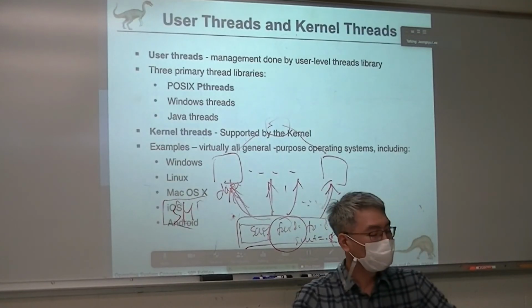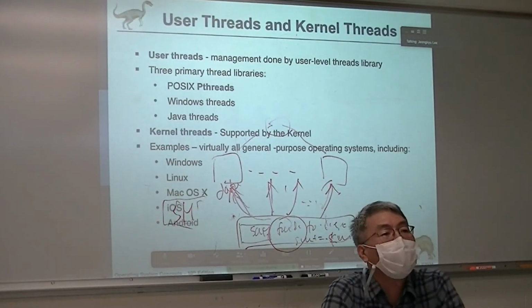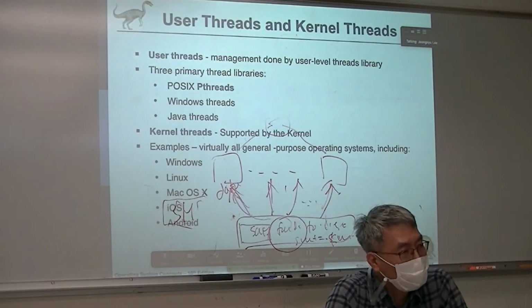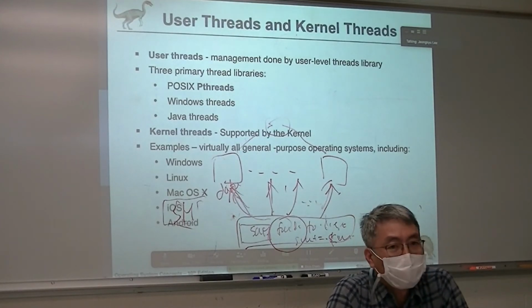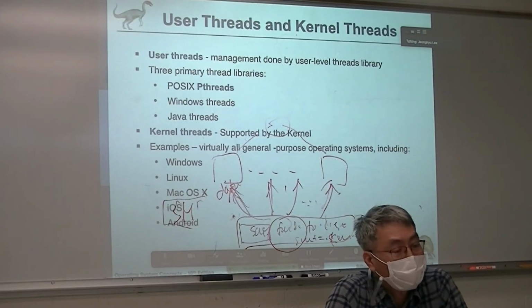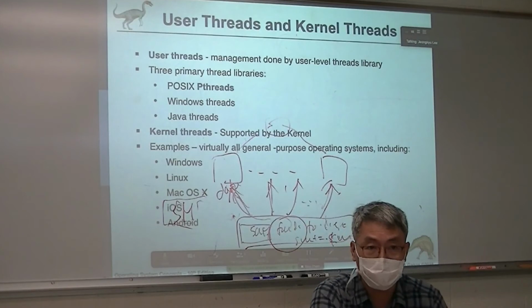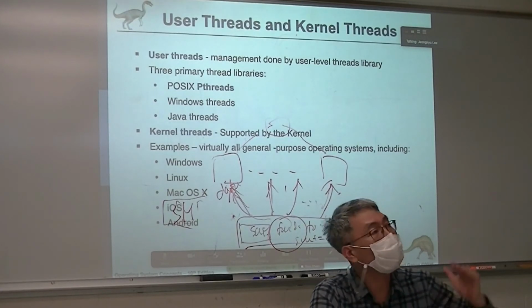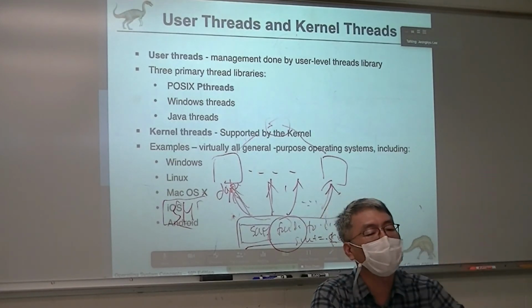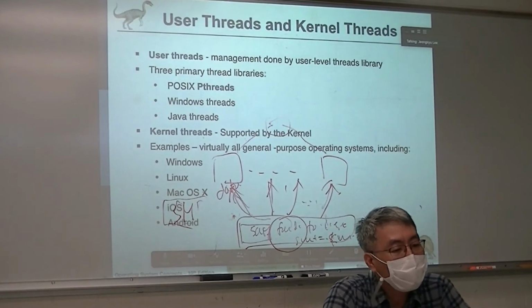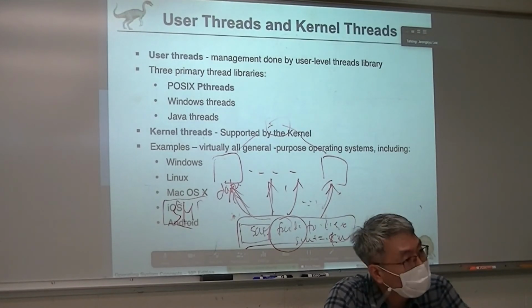So there are two types of thread in an operating system. You can easily imagine. Because we have the dual mode of the operating system, user side processing and kernel side processing, similarly there is the user side thread and the kernel side thread. So user thread, there are three.